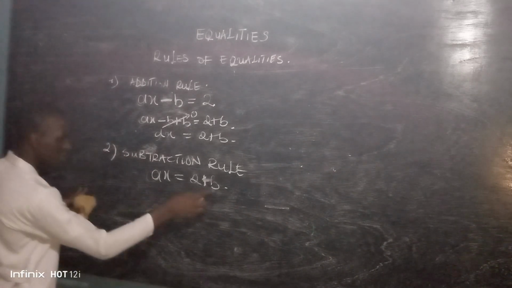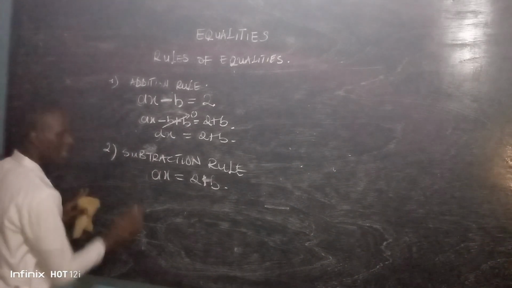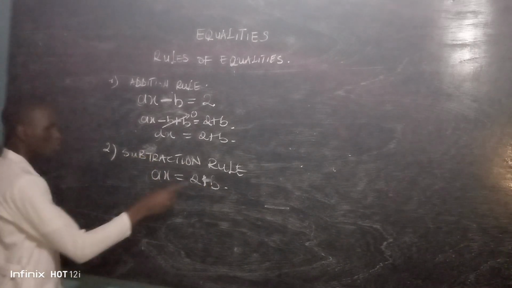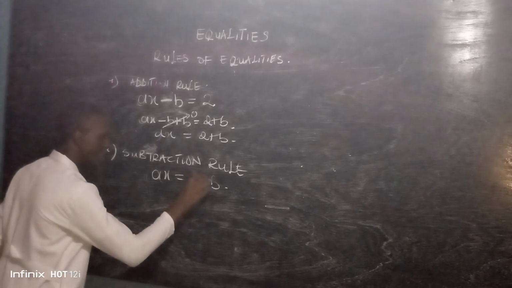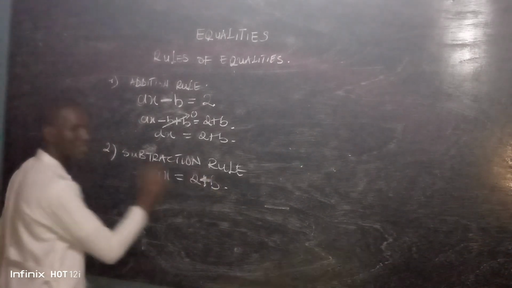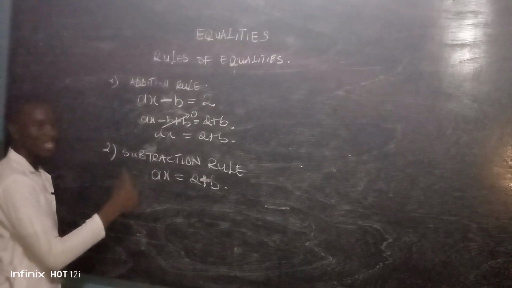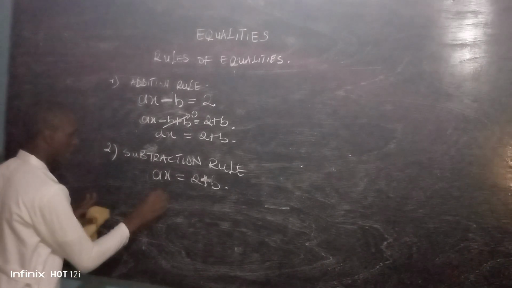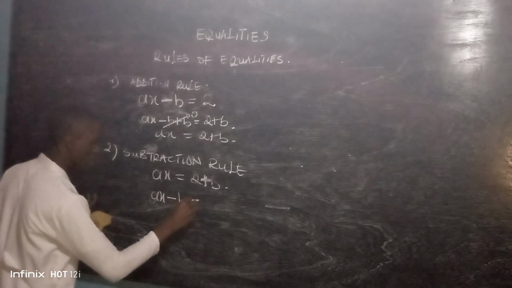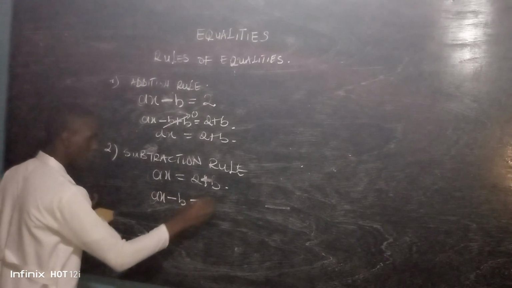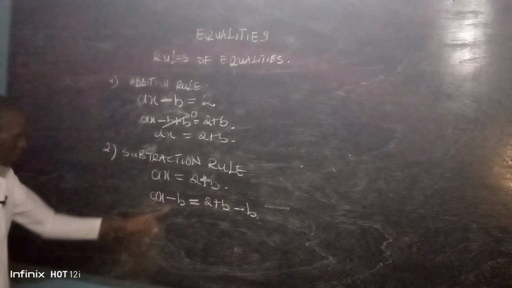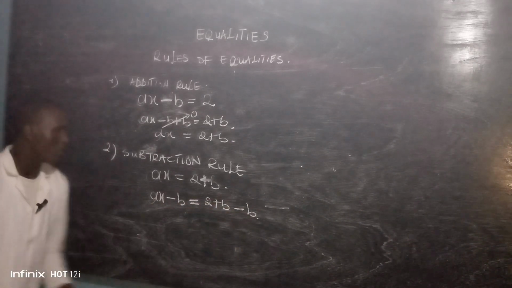So if I have this equality and I want to move this term to the other side, since it is positive here, I'm going to use subtraction. I will subtract it from both sides, so I have ax minus b. Since I'm subtracting on both sides, I maintain the equality sign. I copy what I have, then minus b.